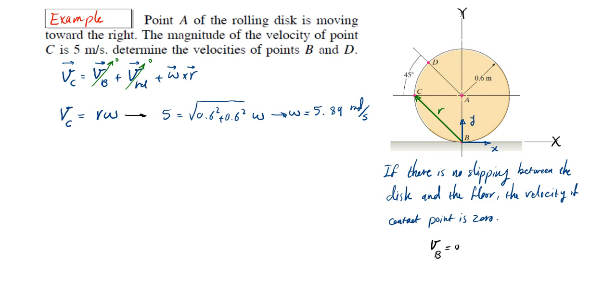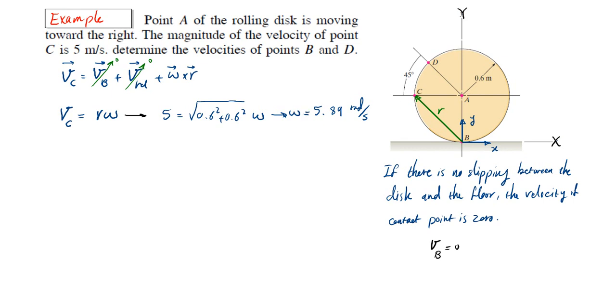There. Now, once we know omega, the rest is relatively straightforward. We want to find the velocity of point D. Now let's focus on point D. We use the point we had the most information from to get the angular velocity.